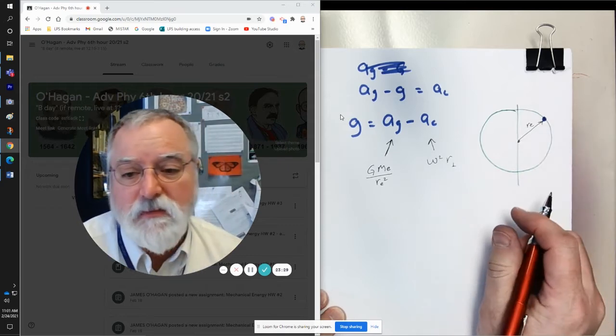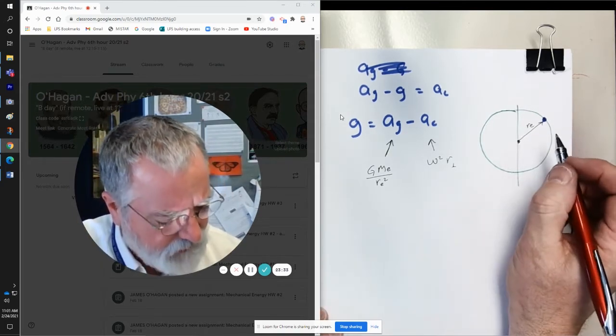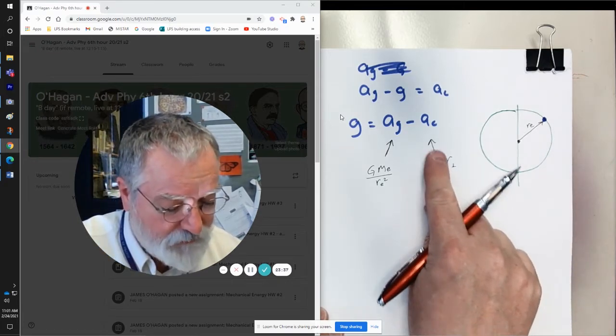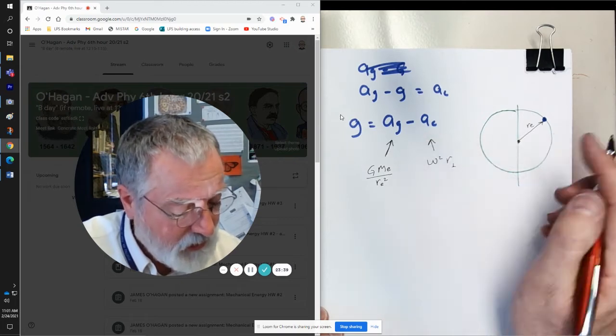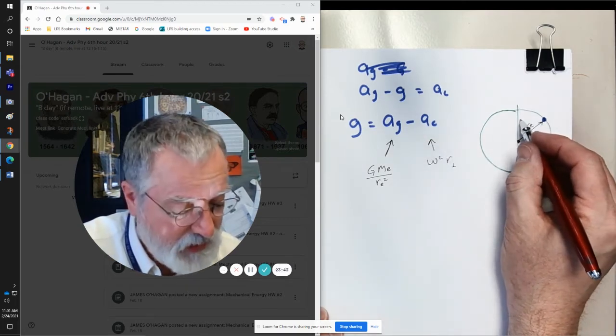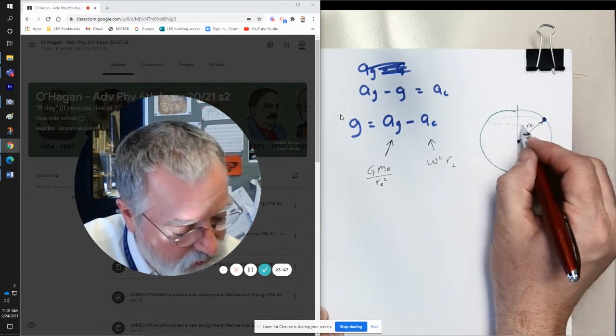That's easy. And you add however far you are above sea level. Now, the radius that we need for the centripetal acceleration is all about how far this point is from the spin axis.